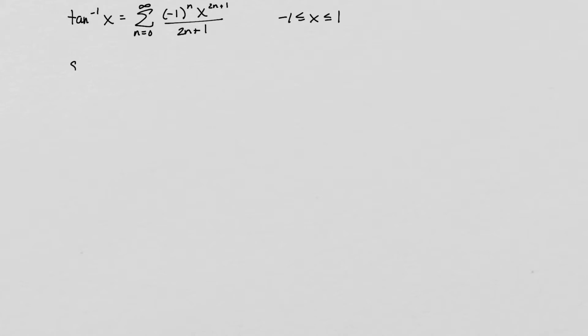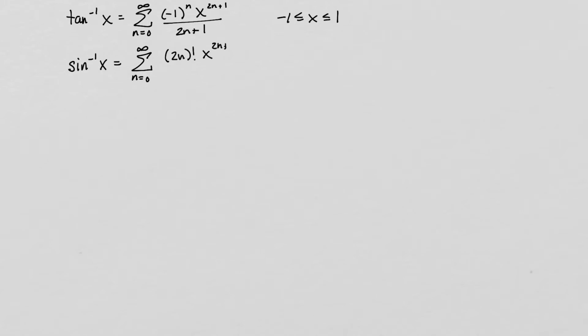And we have the inverse sine of x, which is the summation n equals 0 to infinity of 2n factorial x to the 2n plus 1 divided by 2 to the n factorial squared times 2n plus 1. And that is also from -1, oh, excuse me, to 1.